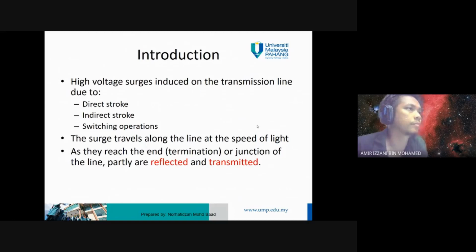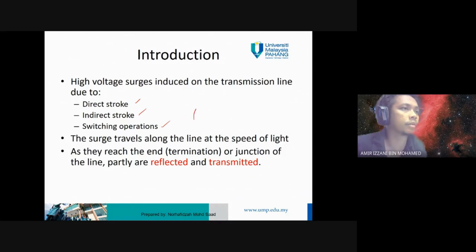As you know, high voltage surge induced on a transmission line can be due to a direct stroke from lightning, or an indirect stroke, since lightning will not always directly strike the transmission line, or due to switching operation. All of this will generate surge voltage. What is surge voltage?